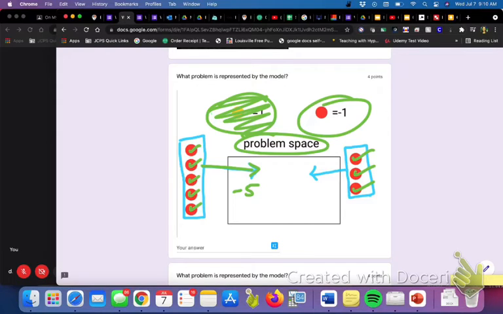So we're going to put negative 5 into the problem space, and then we're going to put 3 more negatives into the problem space. So you've got negative 5 plus negative 3 being moved into that problem space.